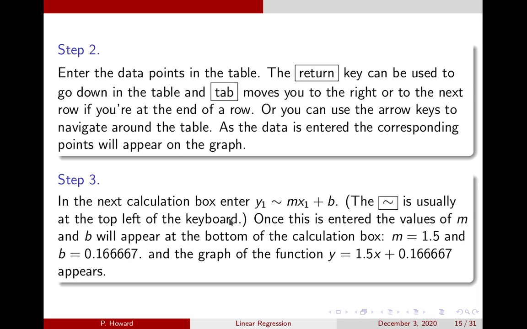And the graph of the function with slope 1.5 and y-intercept 0.166667 will appear on the set of coordinate axes on the right side of the screen. So all this happens automatically once you enter the y1 tilde mx1 plus b.